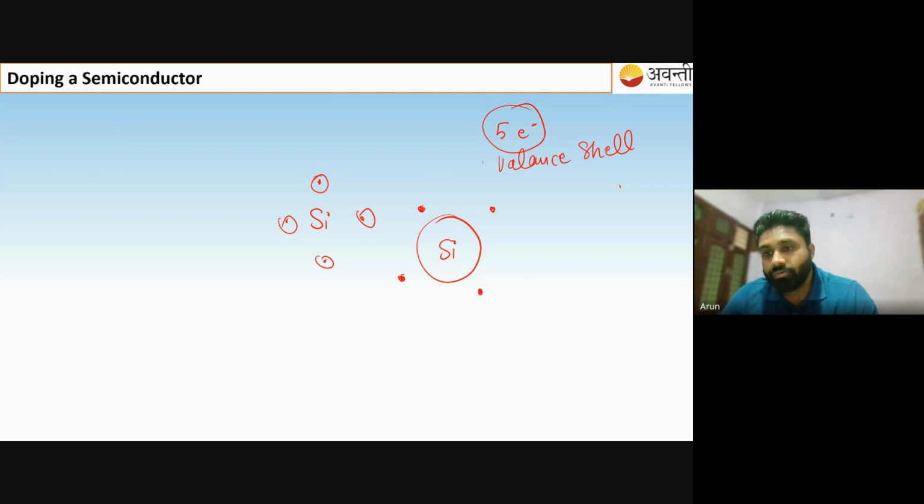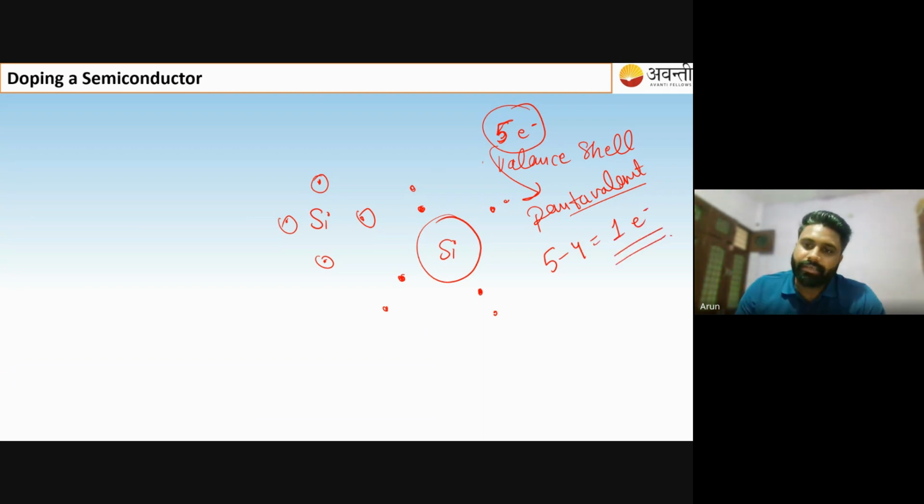So what we can do, if we are using this pentavalent impurity, it has one extra electron, because 4 electrons will be bonded here with this silicon. So 5 minus 4, we will have one extra electron, which is the conducting electron.